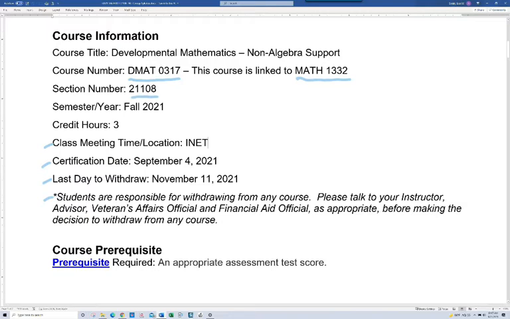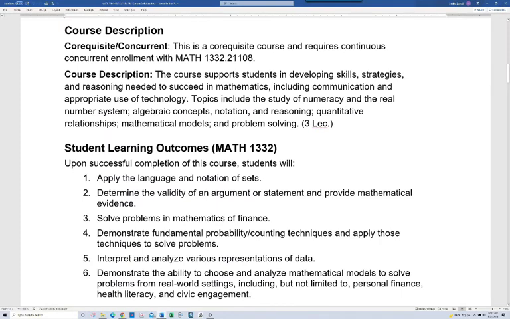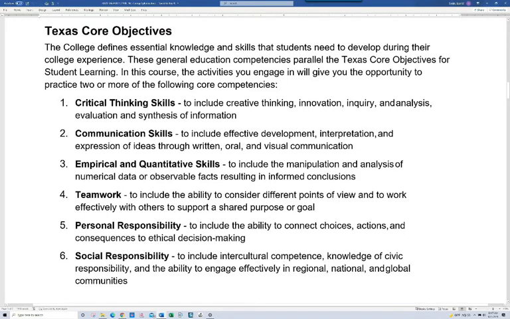Not really much in the way of a prerequisite here. So course description, I talked a little bit about that. If you want more detail, that's here. And learning outcomes for Math 1332, you can look through those on your own. The Texas core objectives, I'm pretty sure are on all the syllabi, but anyway, if you haven't read these before, I'd encourage you to look through them.